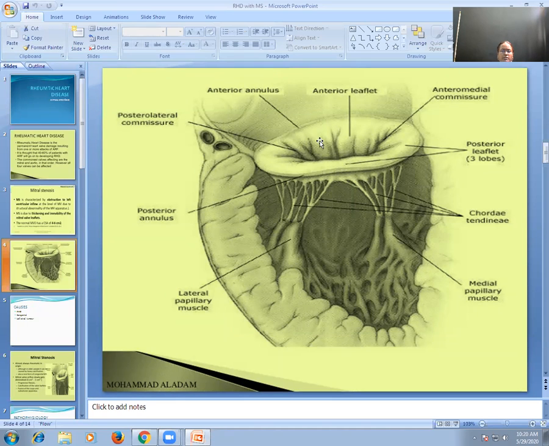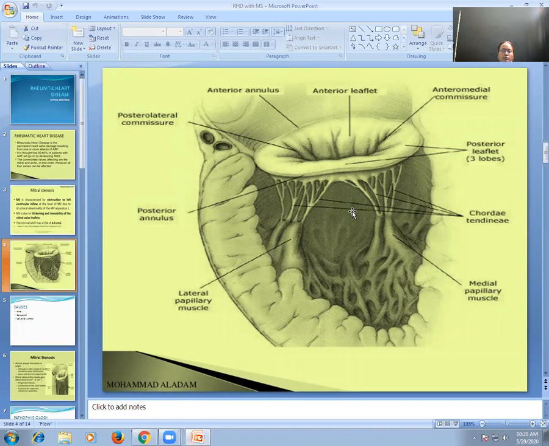The mitral valve consists of two leaflets, anterior and posterior, and where the two leaflets join each other is the commissural part. Then there are the chordae tendineae and the papillary muscle. The function of the chordae tendineae is to attach the leaflets to the papillary muscle. So this is the whole mitral valve apparatus.